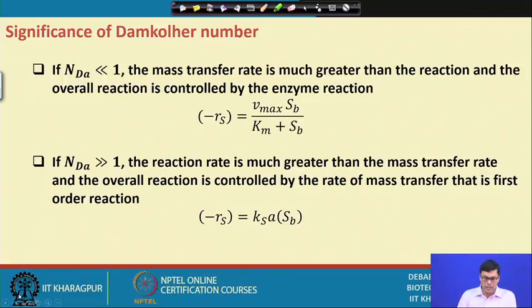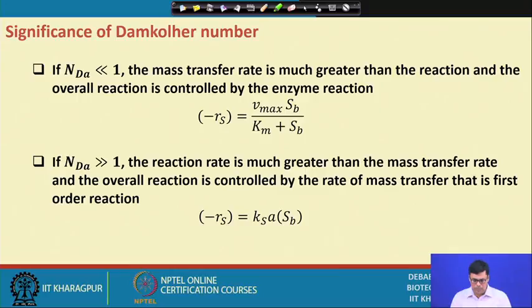The conclusion is that if NDA is much less than 1, then the mass transfer rate is much higher than the reaction, so the overall reaction is controlled by the enzymatic reaction.